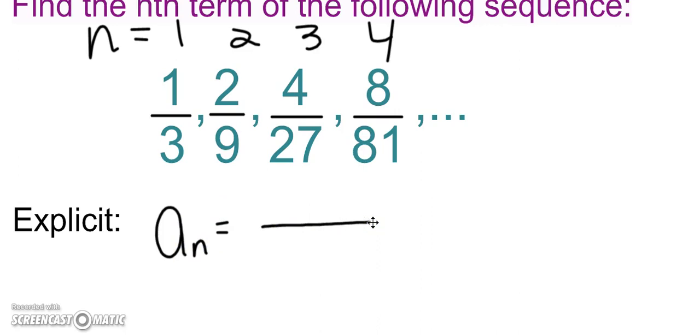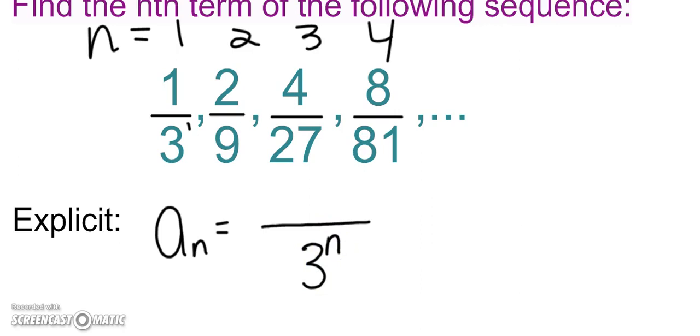Well, a pattern in the denominator I think is easier to see. 3 and 1, 9 and 2, 27 and 3, 81 and 4. What are you doing every time in this denominator? Hopefully you notice that you are multiplying by 3. This is 3 to the first, this is 3 to the second, 3 to the third, 3 to the fourth. So the bottom is just going to be 3 to the nth power.